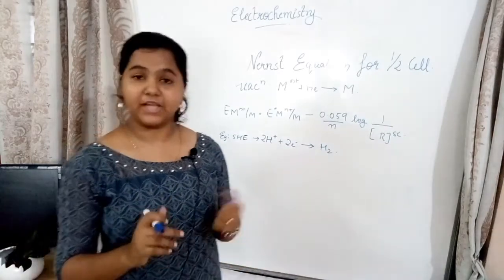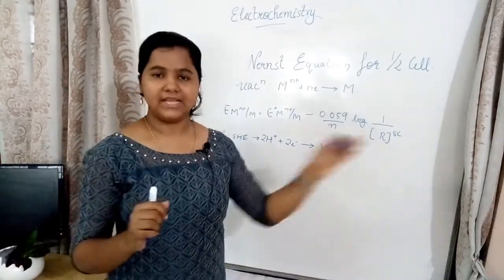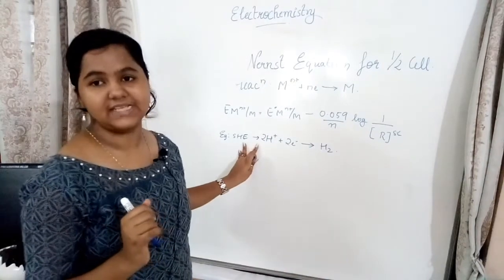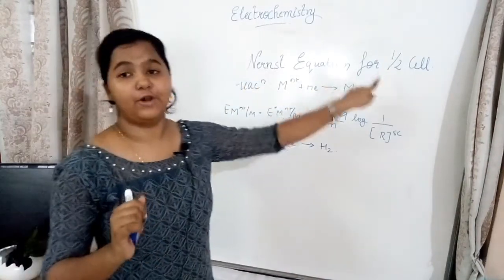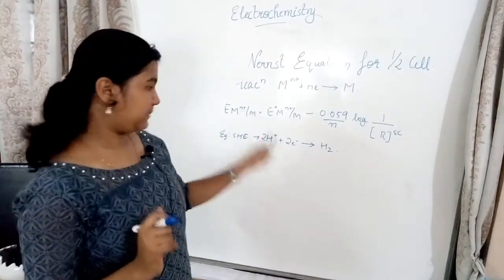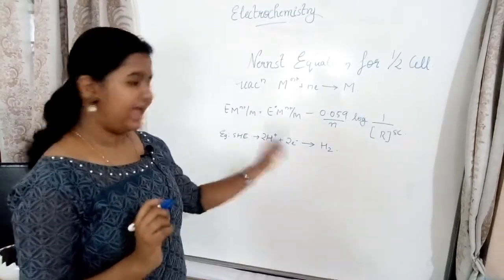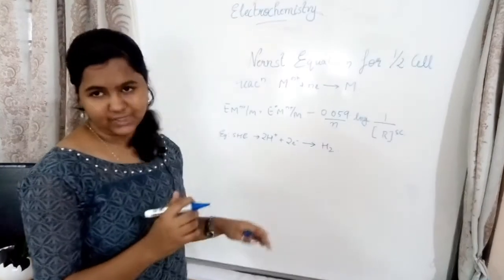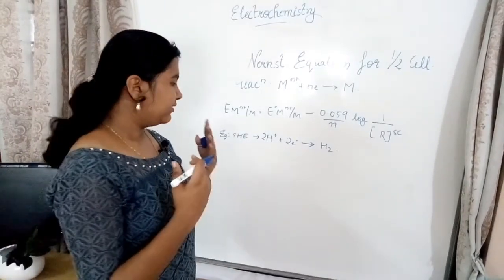The example I told you, I discussed about SHE. The SHE is an example for a Nernst equation for a half cell. So see, over here it's 2H+ plus 2 electrons giving H2. I'll show the Nernst equation for a SHE.